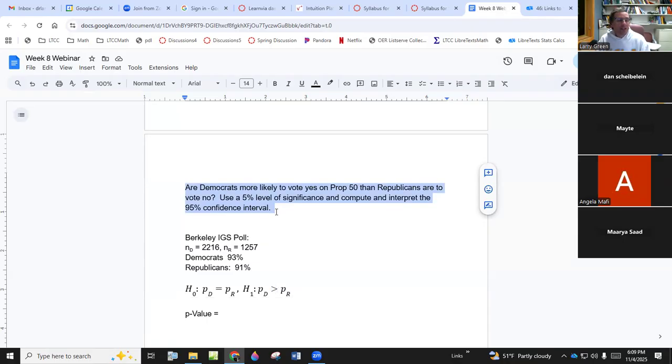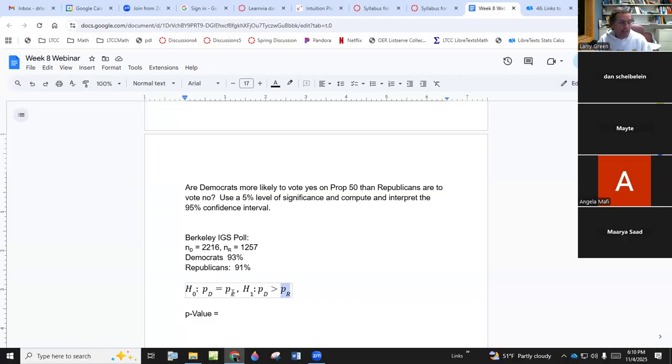So what's the key word? Yeah, more likely. More means the proportion for Democrats is greater than, because more means greater than. Is that clear to everybody? So that's how I came up with this greater than, and then greater than the proportion of the Republicans.